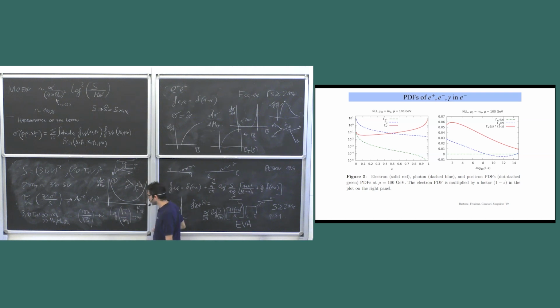But if you increase the energy, you have this situation. So you can actually forget, in first approximation, the power corrections, take into account only the logs, and since the logs are so large, you also need to resum them.